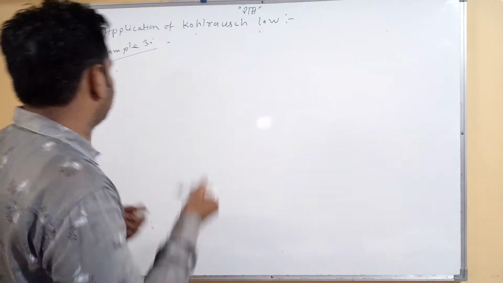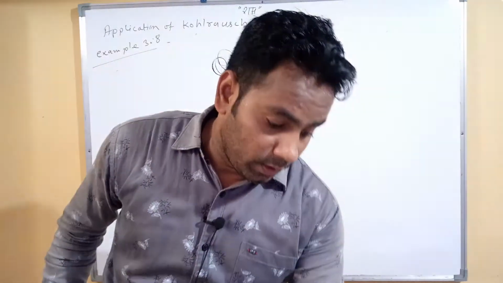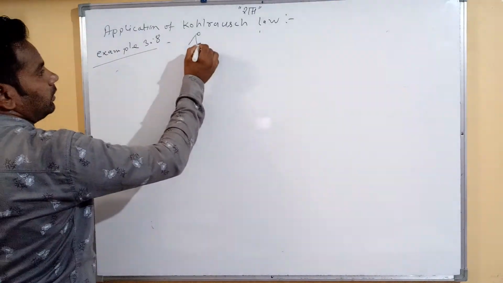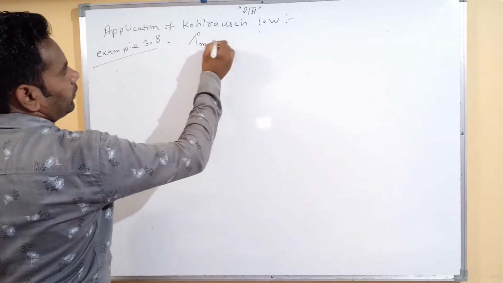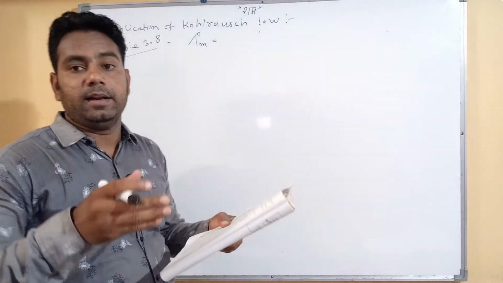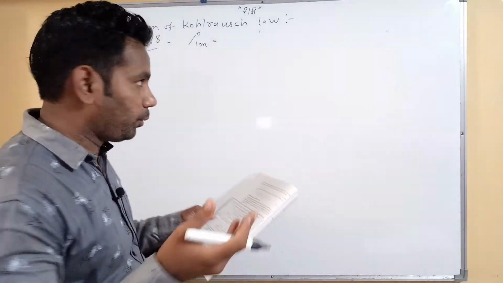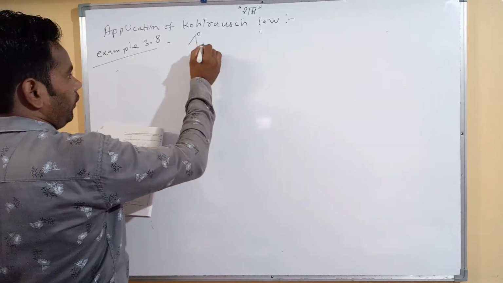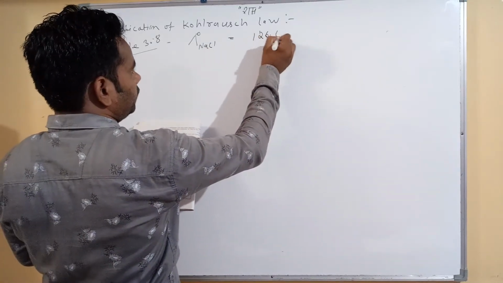Again, open your book and check example 3.8. Limiting molar conductivity for NaCl, HCl and sodium acetate NaAc are given. So I write directly here: the value for NaCl is 126.0.